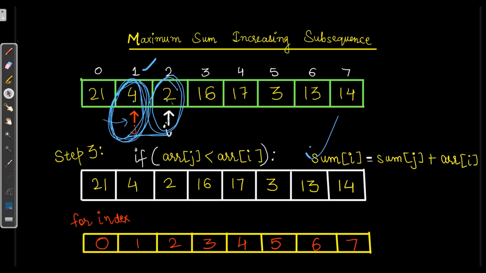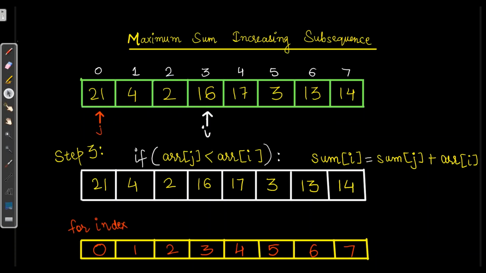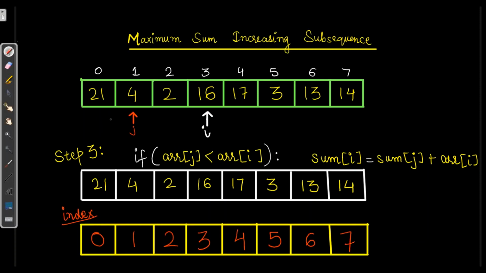Now I will shift i to the third index, whereas j goes back to the 0th index. Now I check whether 16 is greater than 21. No, it's smaller. So j will be incremented by 1. Now we check, is 16 greater than 4?